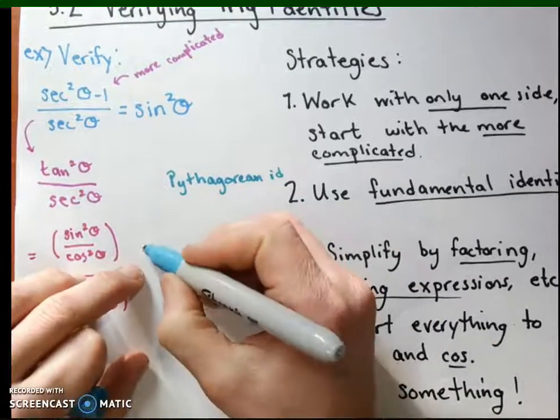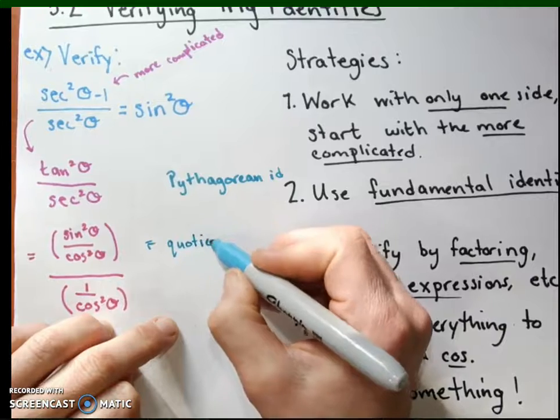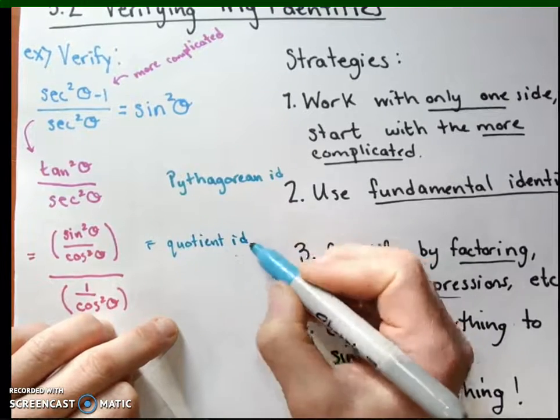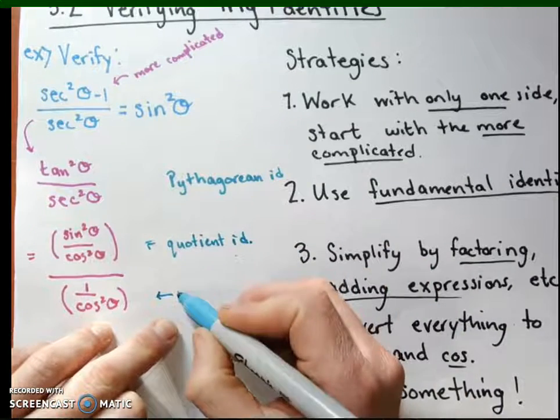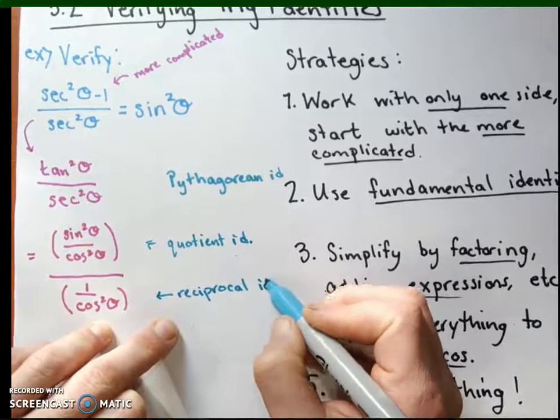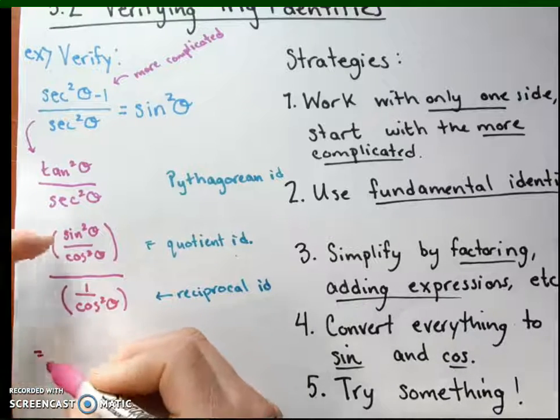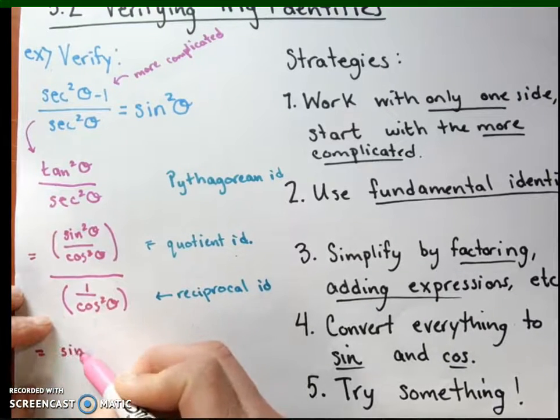So again, this is because of the quotient identity, and this one is because of the reciprocal identity. So here I've converted to sines and cosines because it allows me to get some cancellation. The way that I divide by a fraction is I multiply by the reciprocal.